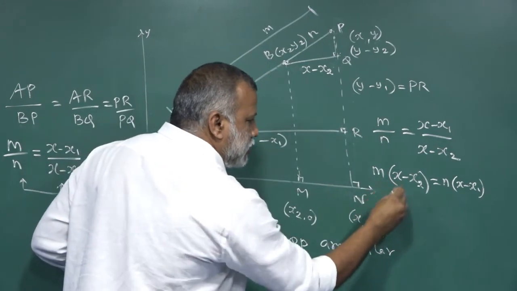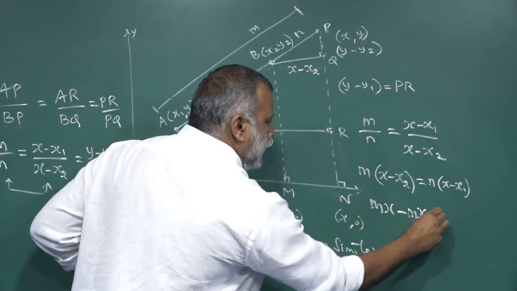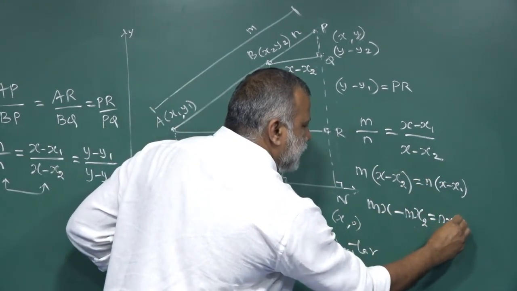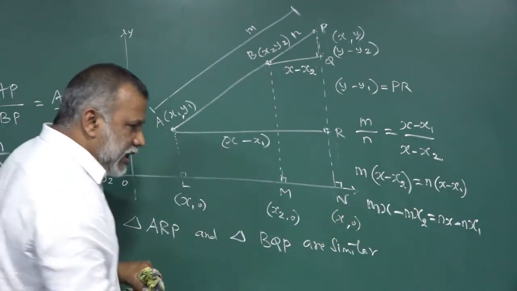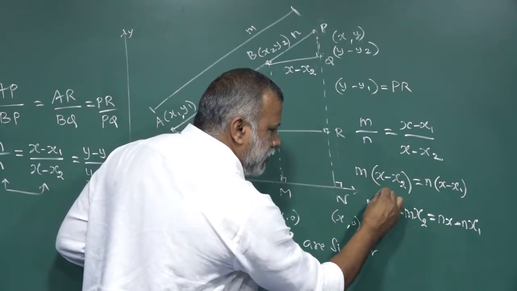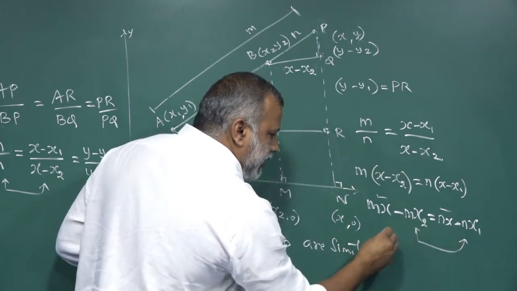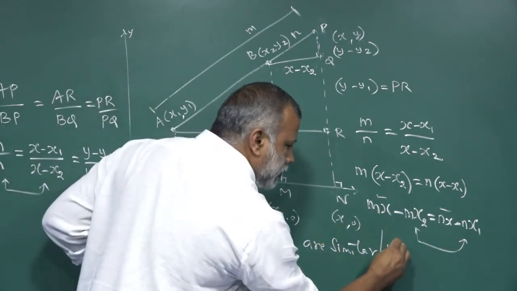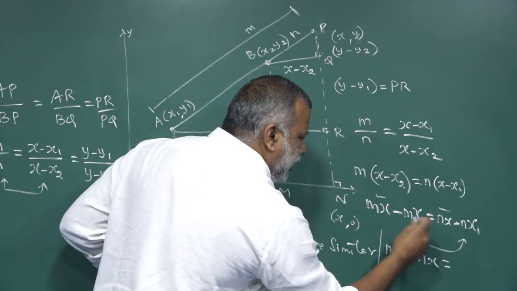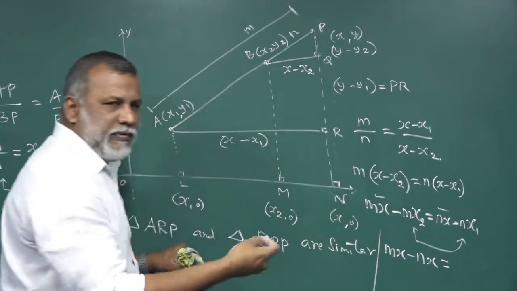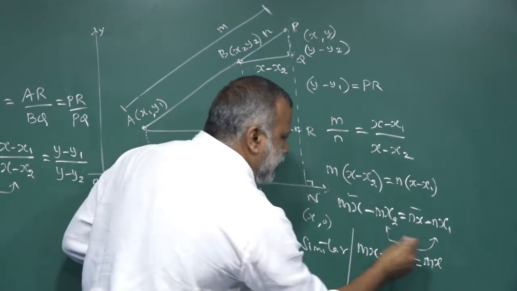Just open the bracket: Mx minus Mx2 is equal to Nx minus Nx1. We have two X terms and two other terms, so I am bringing the X terms to the same side. See here, Mx. Moving to the other side, we get Nx. That is equal to, this Mx2 goes to the other side and becomes positive, so we get Mx2 minus Nx1.